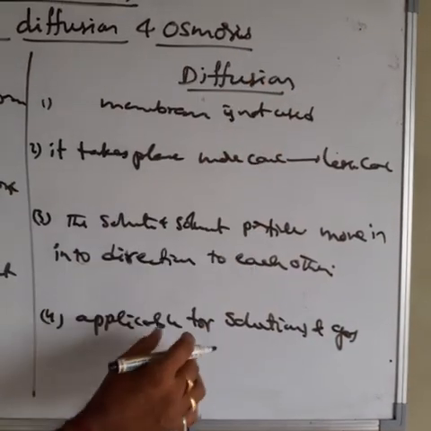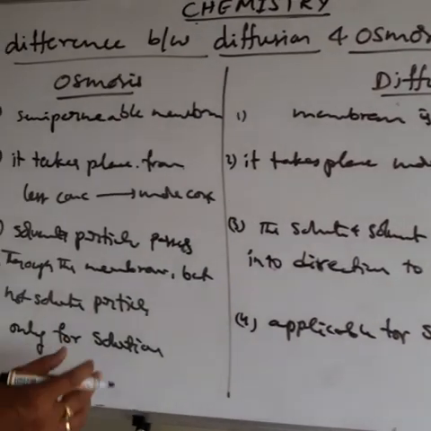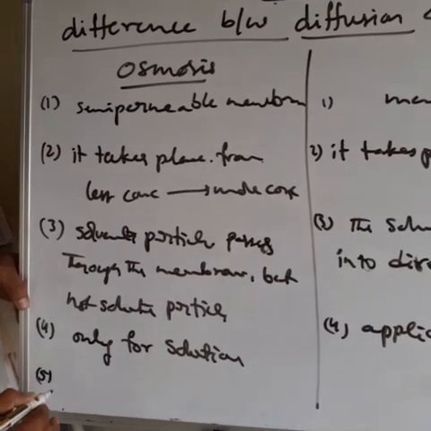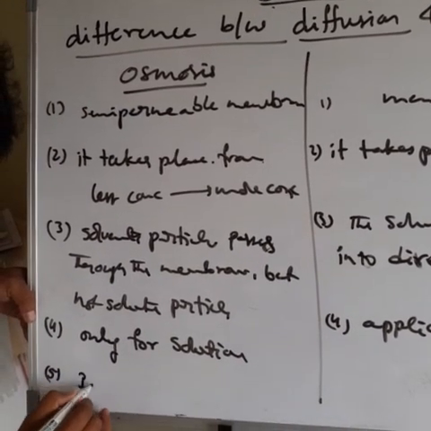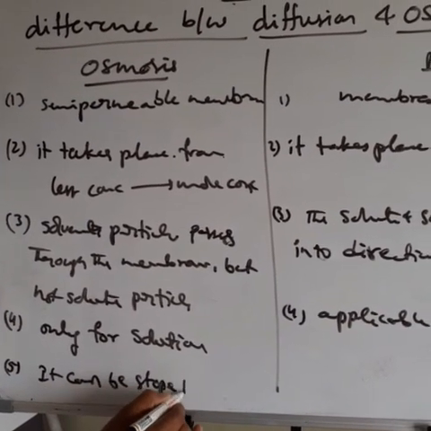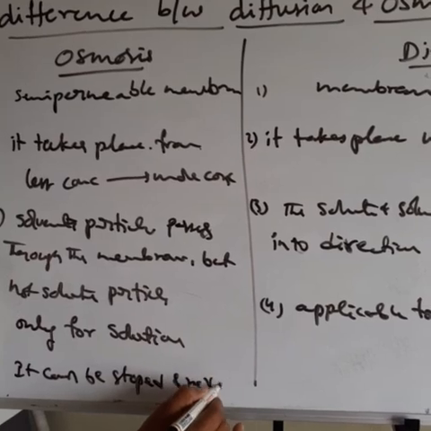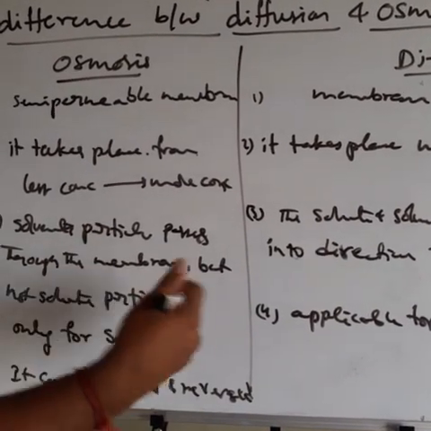The diffusion phenomenon is observed in solutions and also gases. But osmosis is only applicable to solutions. Then the last point: osmosis can be stopped and reversed.